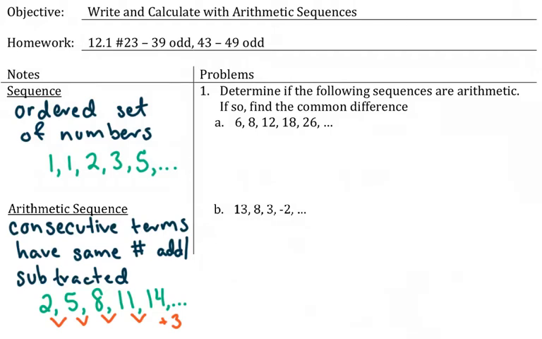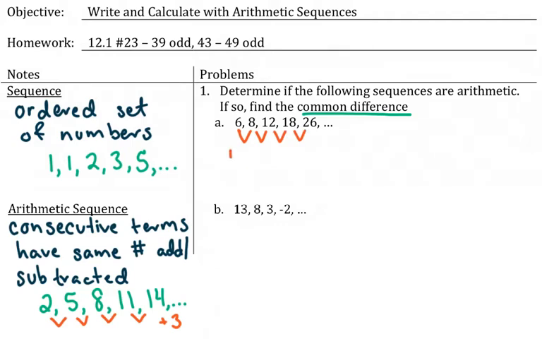So the first thing we want you to be able to do is to determine if the following sequences are arithmetic. If so, find the common difference. The way we tell if they're arithmetic is the question: does this common difference exist? That's what that term means. In this case, we're talking about the plus 3. So you can ask yourself, what amount is being added each time?